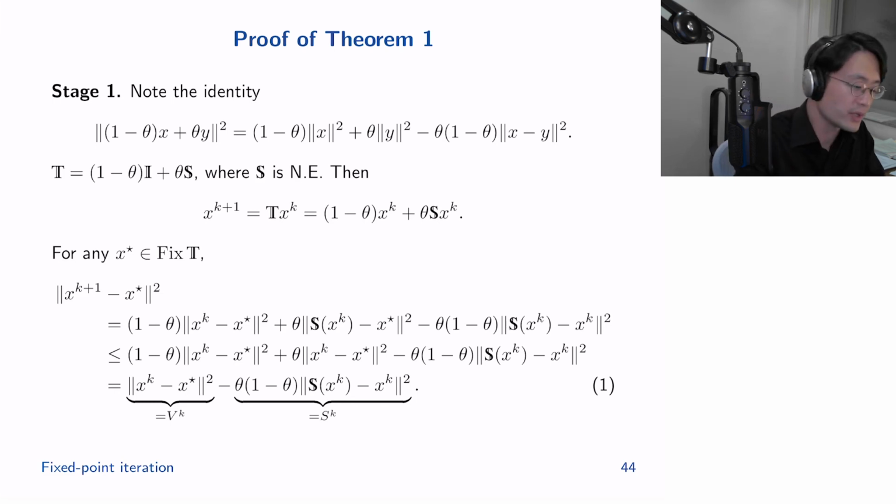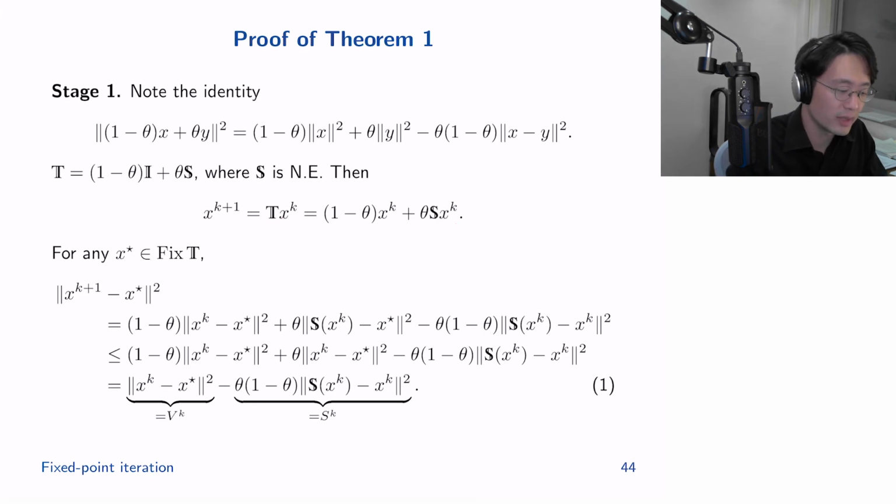Okay, and then the operator T is defined to be an averaged operator. That means T can be written as this convex combination between the identity operator and a non-expansive operator S. Then, when we have a fixed point iteration with respect to the operator T, we can instead express it this way.